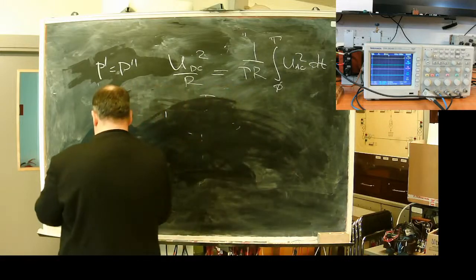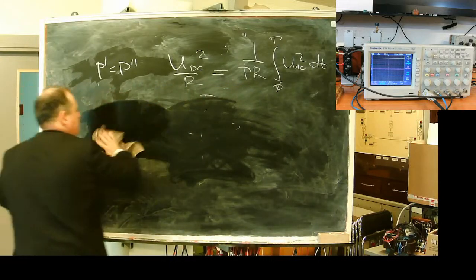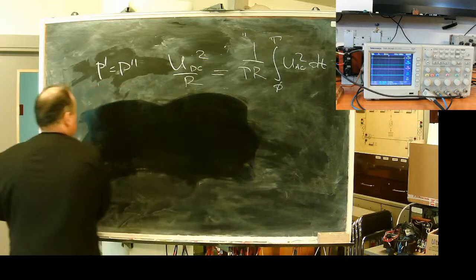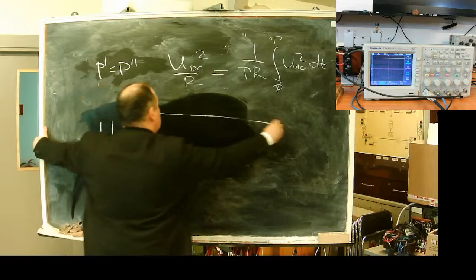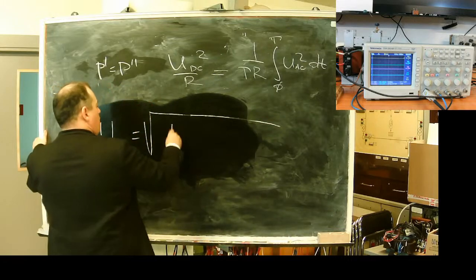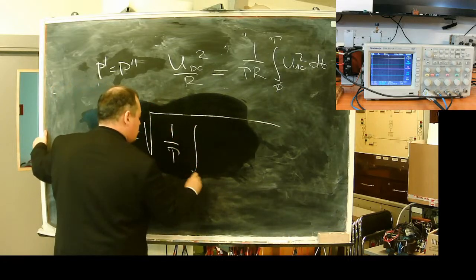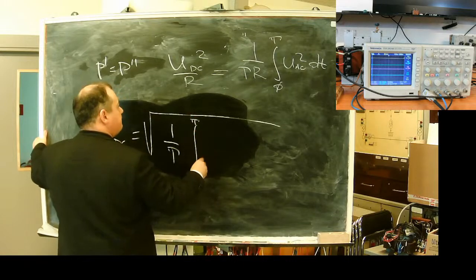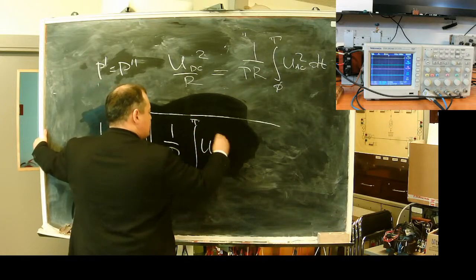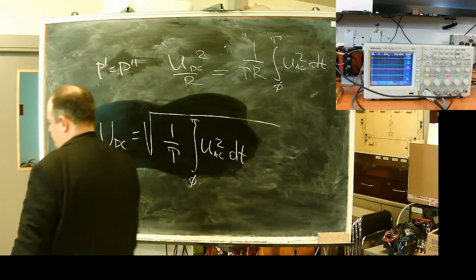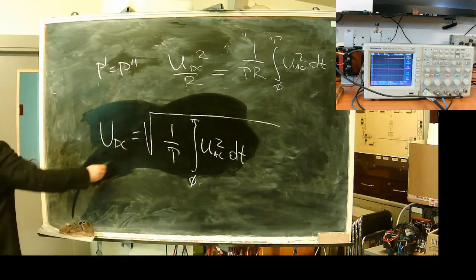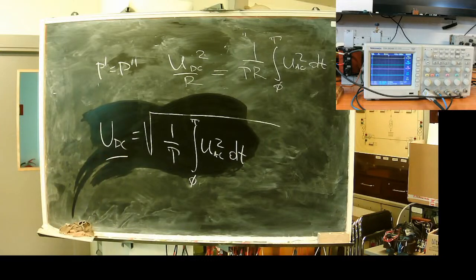And here the equivalent DC voltage will be the square root of 1 against T, integral from 0 to T of AC squared. This value is the DC value equivalent to our AC.